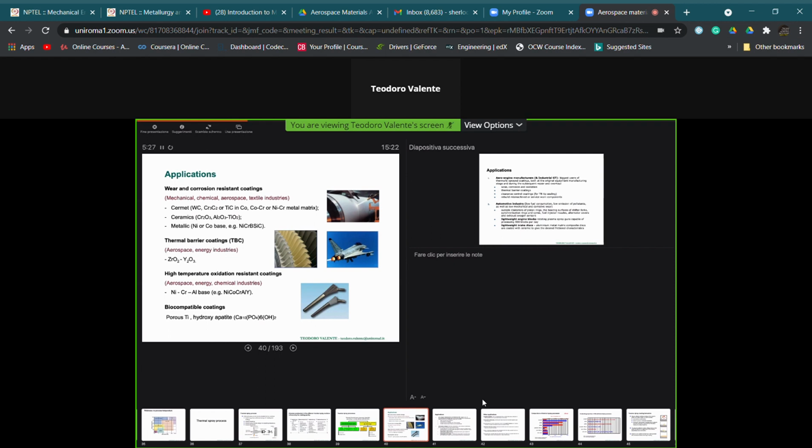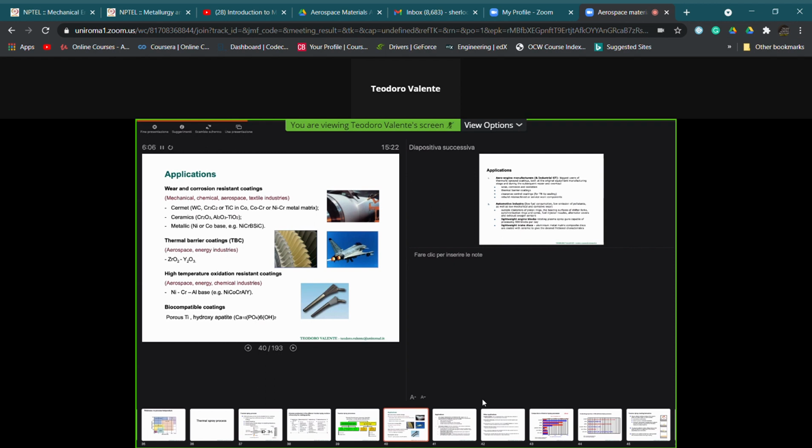But also in the surgery industries, or something which is related to medical application, we do have coatings on implants, for example, because we can fabricate by these techniques biocompatible coatings, which can be made by metal materials. One of the most important biocompatible metals is titanium, but also stainless steel is used, essentially titanium, but also some other formulations, that's just for your knowledge.